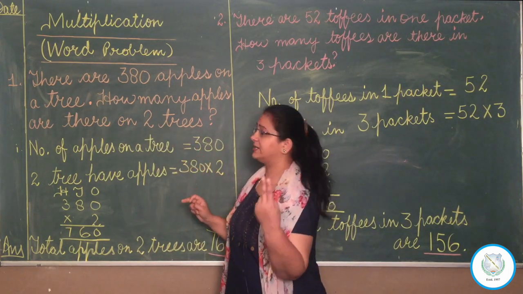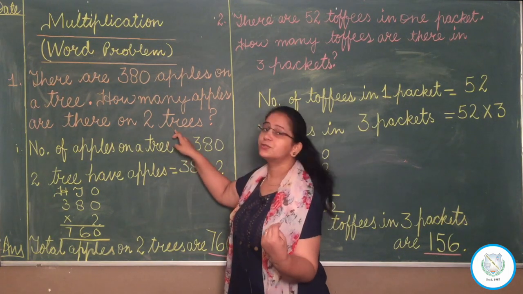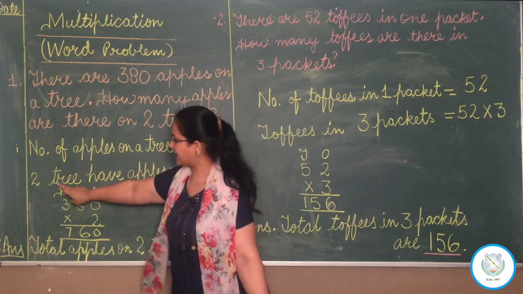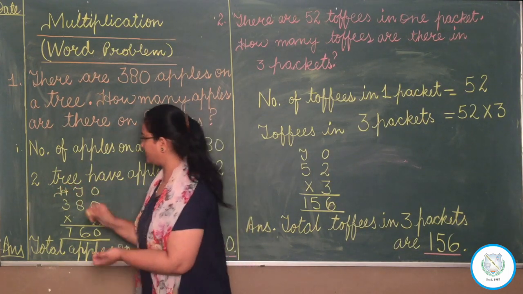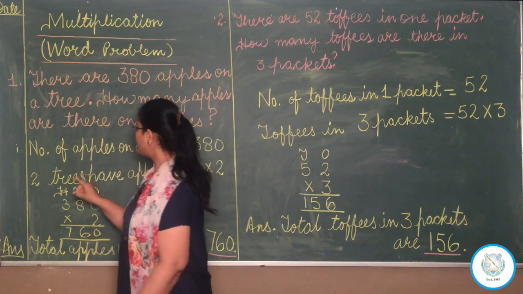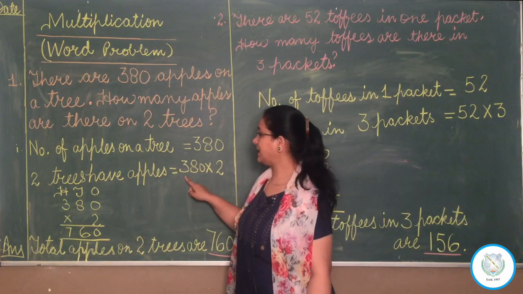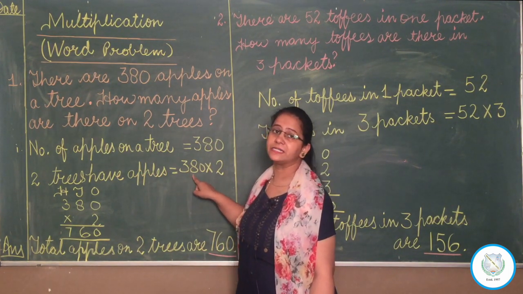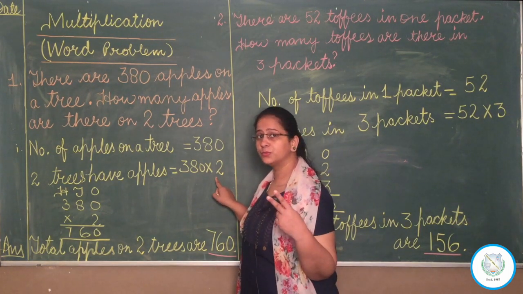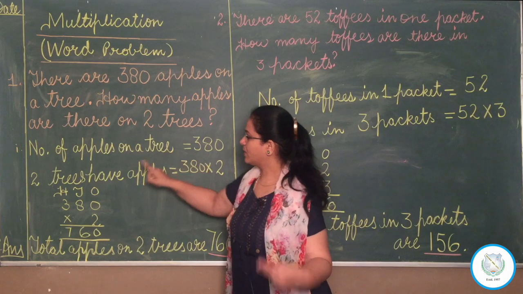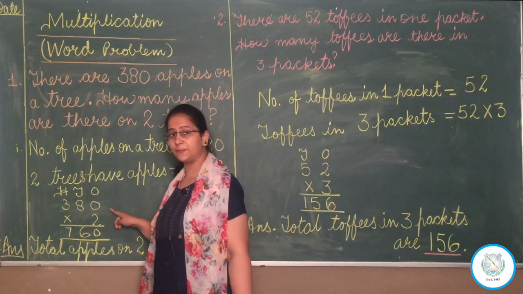Now we have to find out the total number of apples on two trees. So the second statement will be two trees have apples, how many? 380 multiplied by 2.